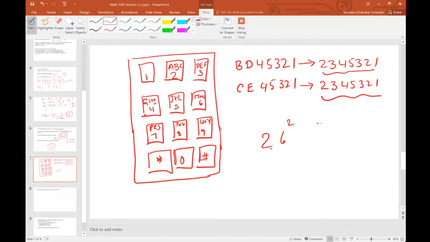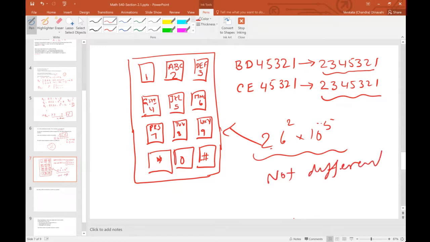So this adds to confusion. That clearly shows that in this 26 squared times 10 to the 5th, if you look at all those numbers, so many of them are matching just because of the way the telephone pad is designed. So certainly these are not all different. Now your aim is to figure out how many of these numbers are different.